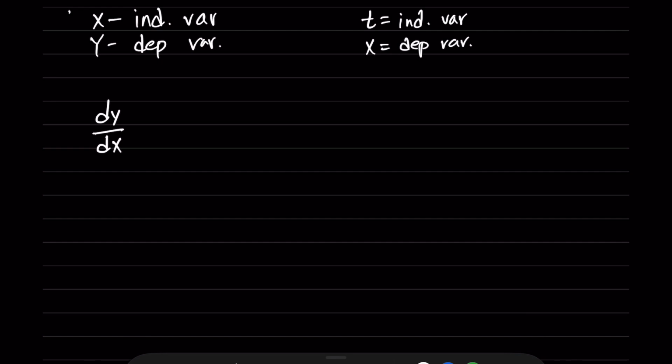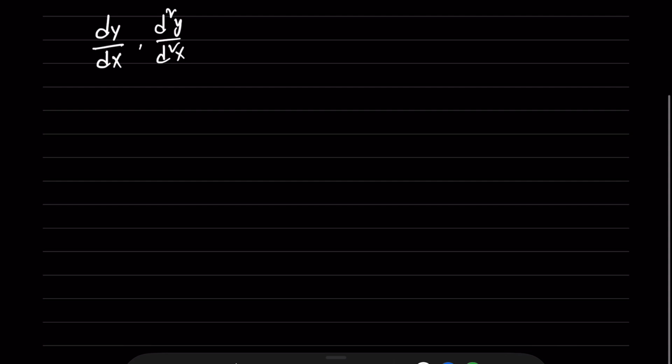And the second order derivative could be d squared y over dx squared. So this is how you can denote them, but there are other ways to denote them as well. For example, you can denote them like this. This one can be denoted like this.